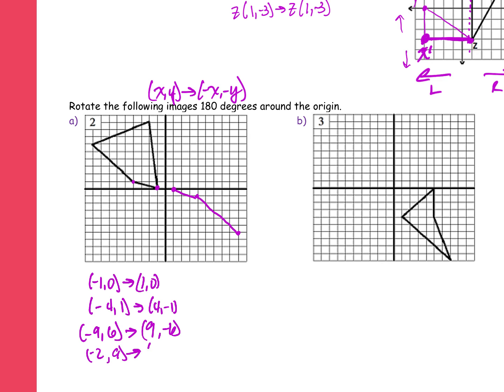And it's going to become 2, negative 9. And there we go. Questions? Not too bad? You don't have to draw it. You could at least write the coordinates down then.